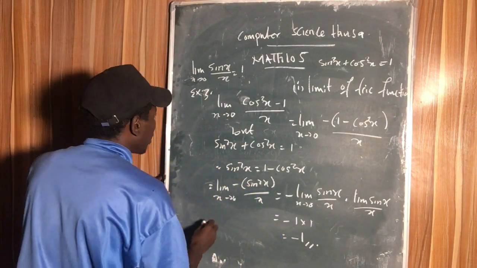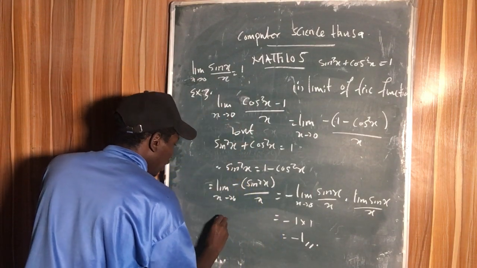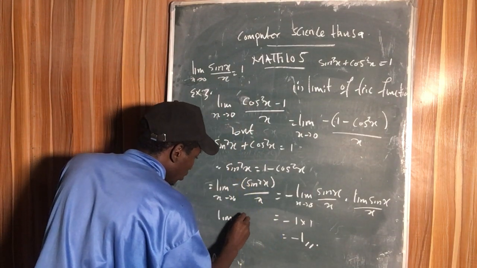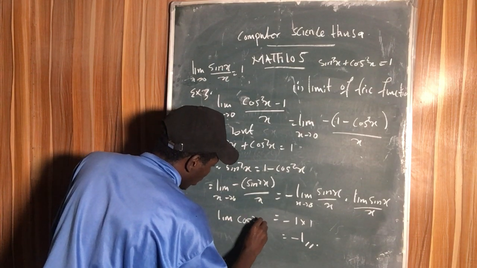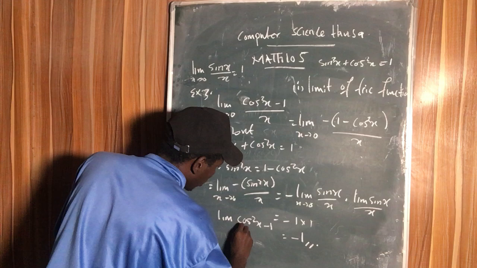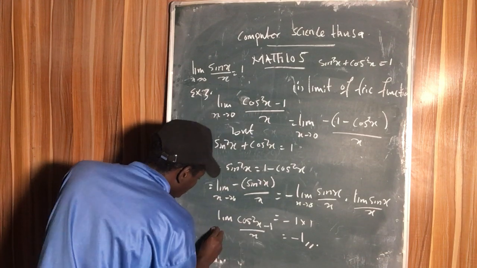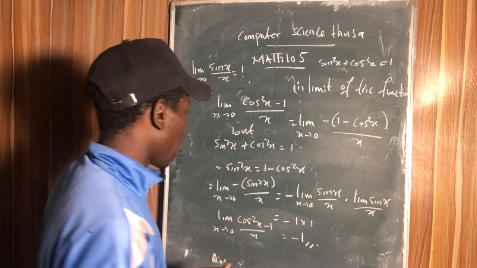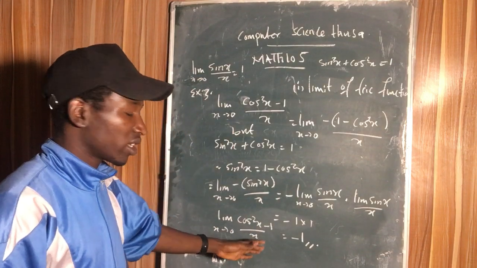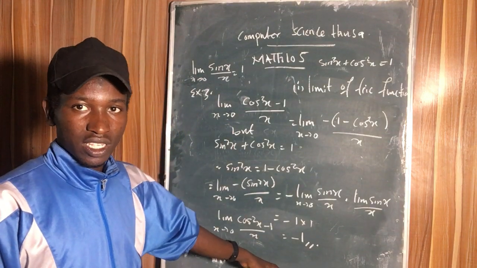So the limit of the whole function, cos square x minus 1 all over x as x tends to 0, is going to be minus 1.